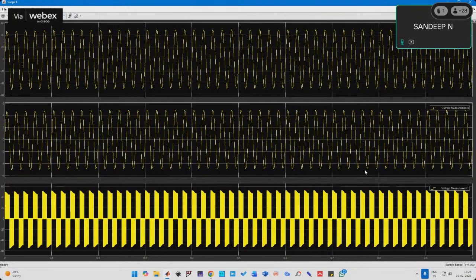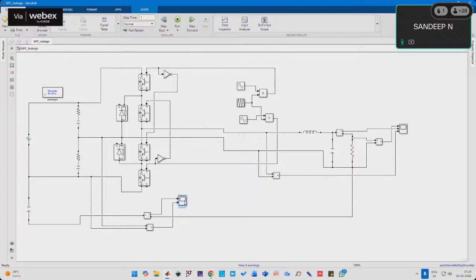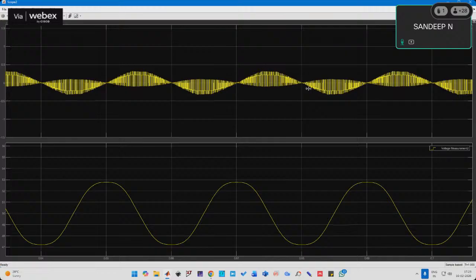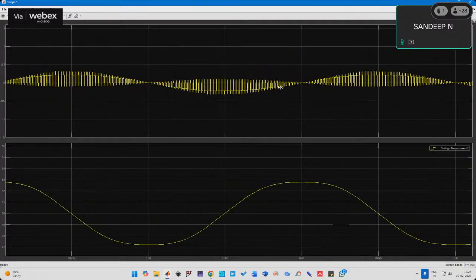This is the output voltage of the inverter, this is the common mode voltage, and this is the leakage current. You can see the leakage current seems to be very dominant, but look at the magnitude here, it is into 10 power minus 4. So it is very, very small. This is what I was talking about.